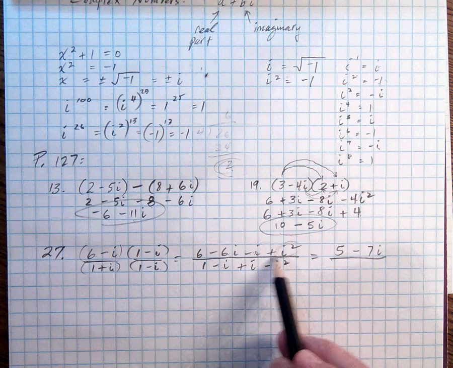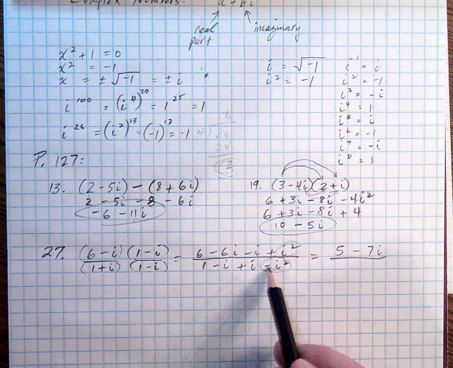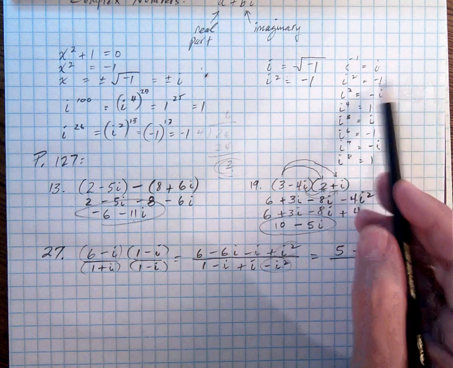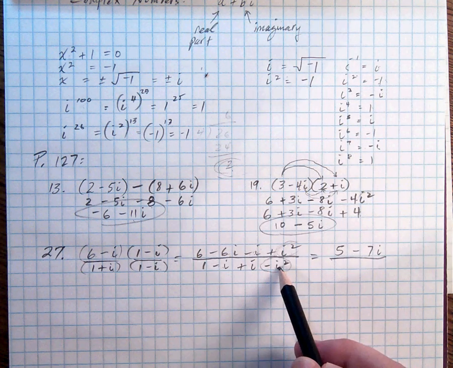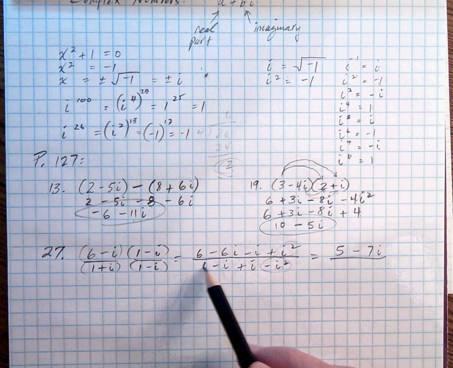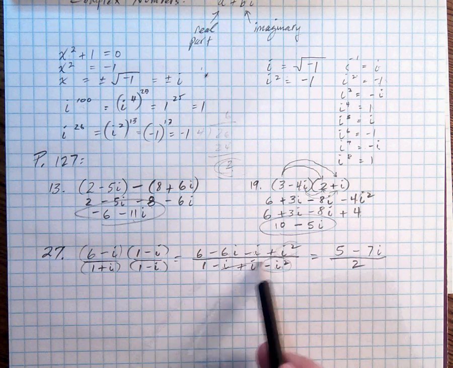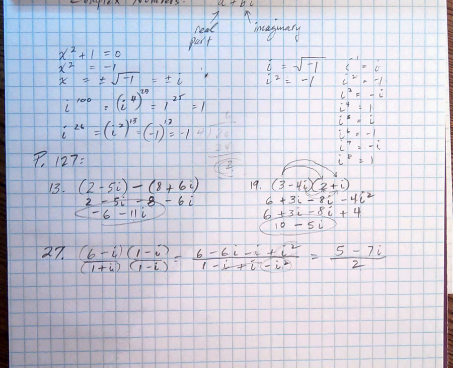So this whole thing is the opposite of i squared. So what's the opposite of negative 1? It's 1. So that's a 1, and that's a 1, so that's a 2. Negative i, positive i, they cancel. So we get 5 minus 7i over 2.